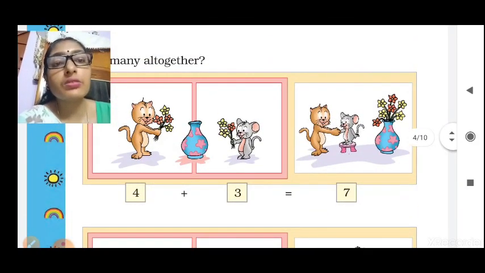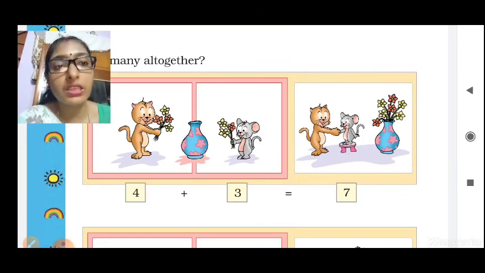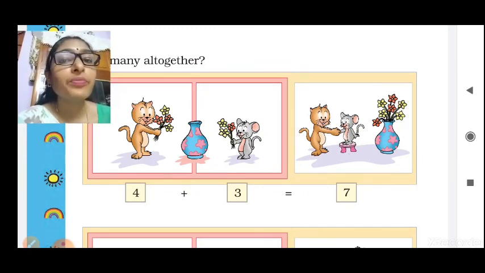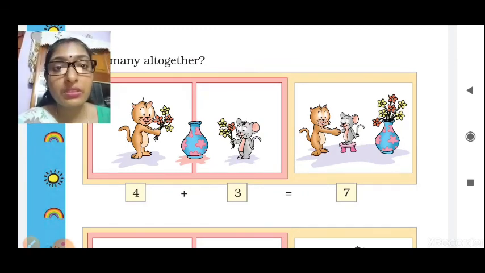See, first, how many flowers are there in the cat's hand? In the cat's hand it has 4 flowers, and in the rat's hand it has 3 flowers. You know cat and rat, where can you see them? In which cartoon? Tom and Jerry. Just imagine, Tom's hand has 4 flowers and Jerry's hand has 3 flowers.